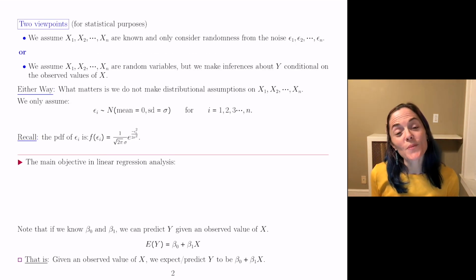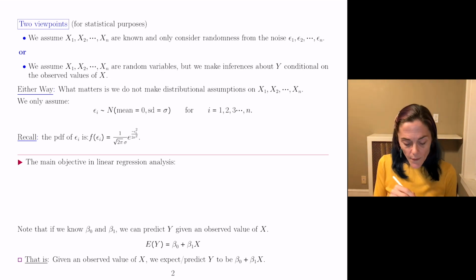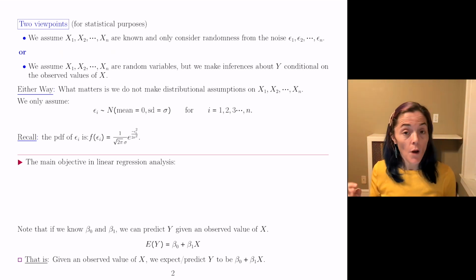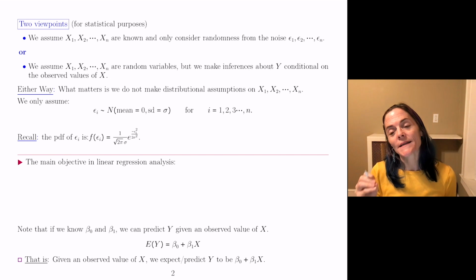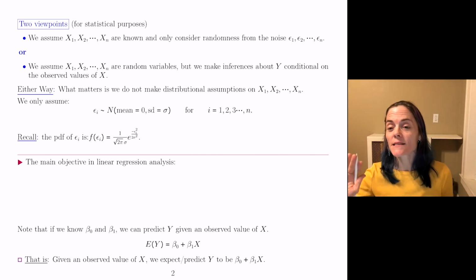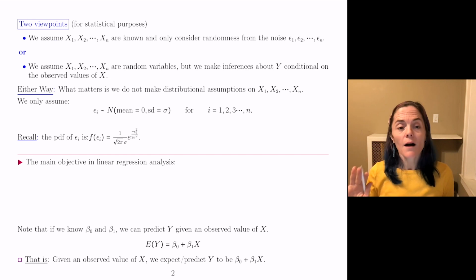There's really two viewpoints for statistical purposes. One would be that we assume x1 through xn are known, and we only consider the randomness from the noise, the epsilon 1 through epsilon n. Another viewpoint is we assume x1 through xn are random variables, but we make inferences on y conditional on the observed values of x.